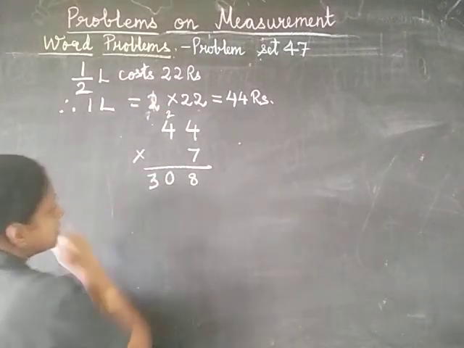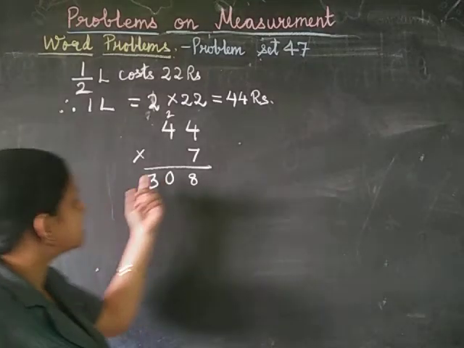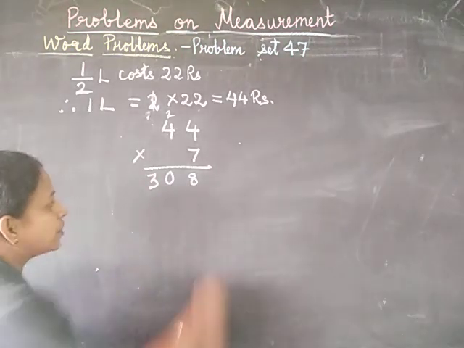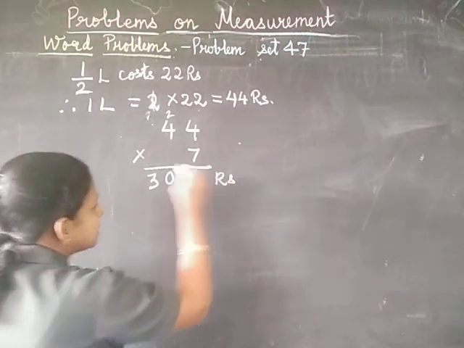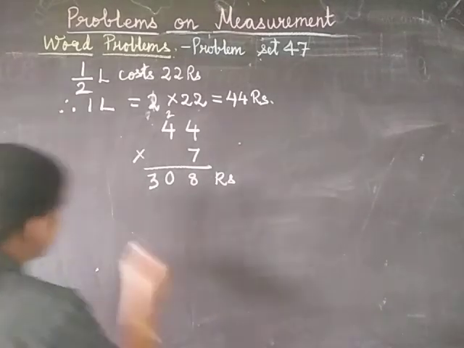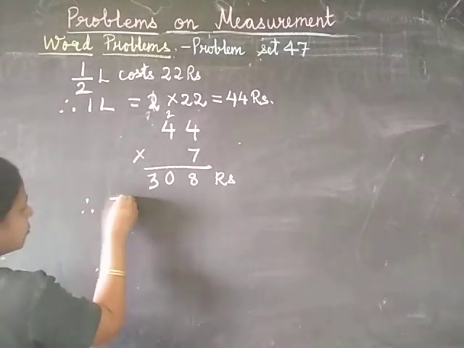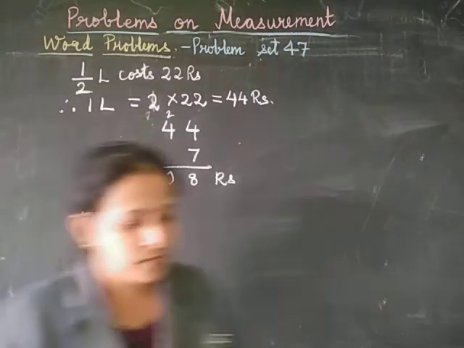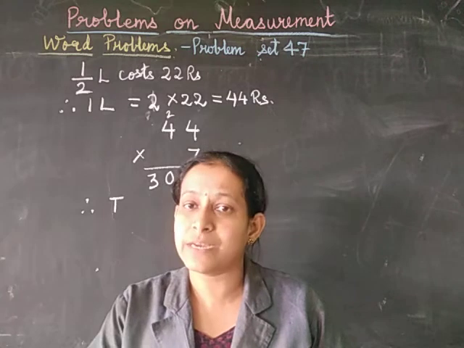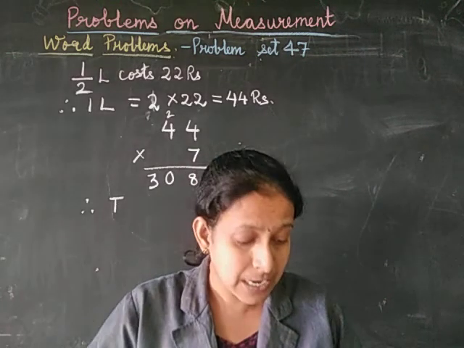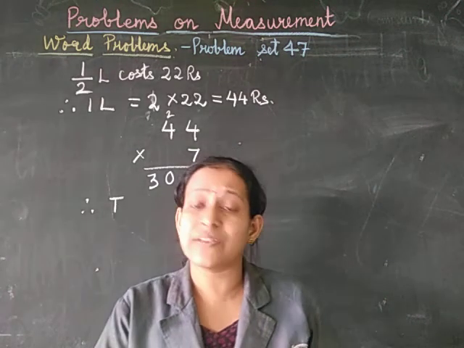So how much do 7 liters cost? It costs 308 rupees. Now, what do you have to write here? Always write the statement the way the question is asked. Here the question is, how much will 7 liters cost?